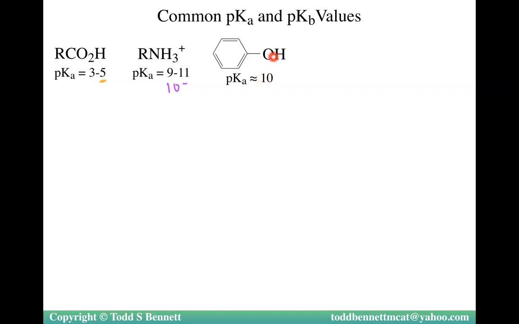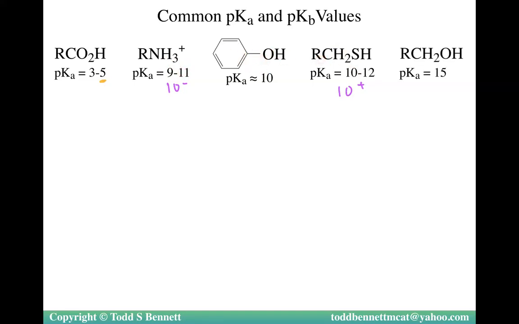But a phenol, OH on a benzene ring, usually is around 10. And then thiols. Thiols end up being 10 plus a little bit, depending on, again, what the R group does. So 5, 10, but amines slightly less, phenols right on, thiols a little bit more.